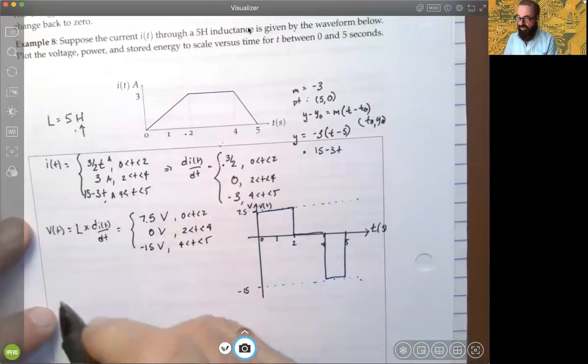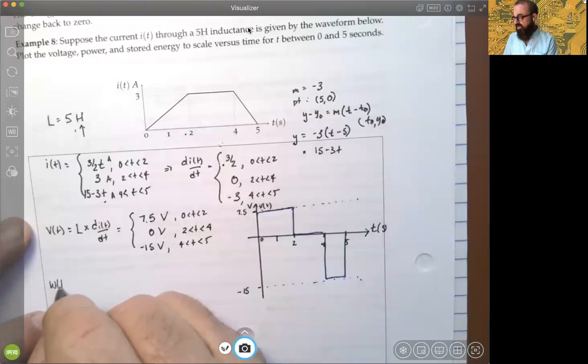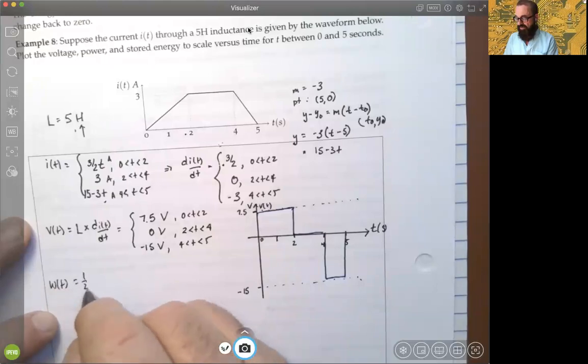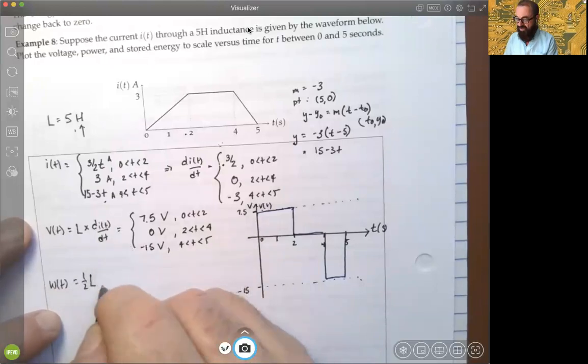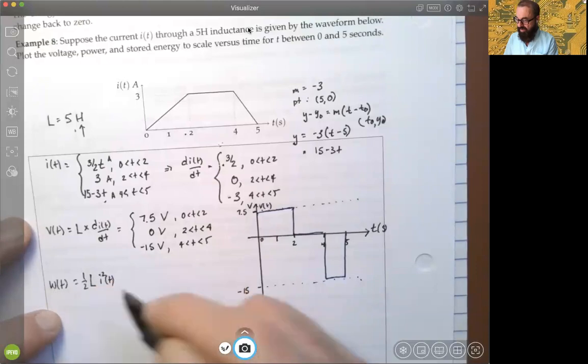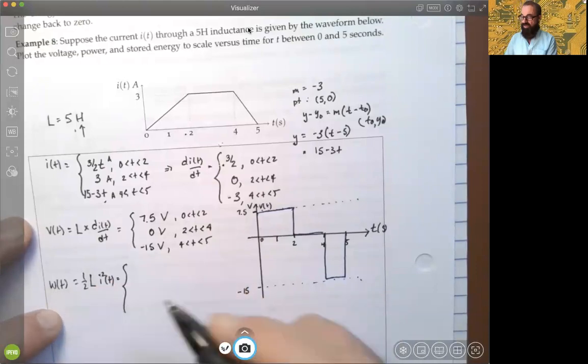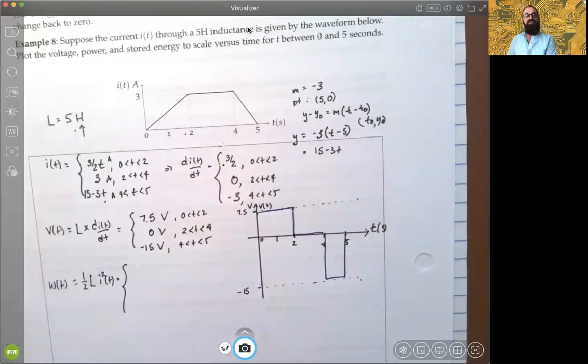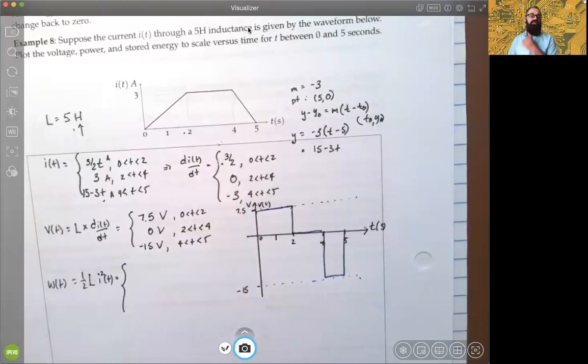All right, so let's do W(t) using our new formula, 1/2 the inductance times the square of the current, okay, and represent that function. So we're just going to square this and multiply by the 5 henries and divide by 2.